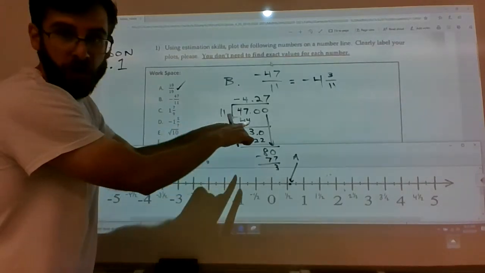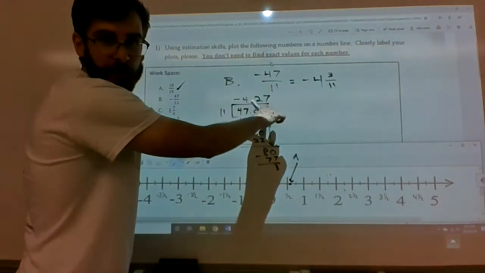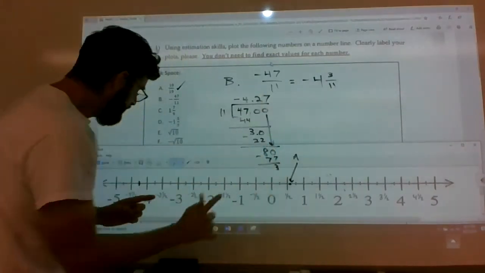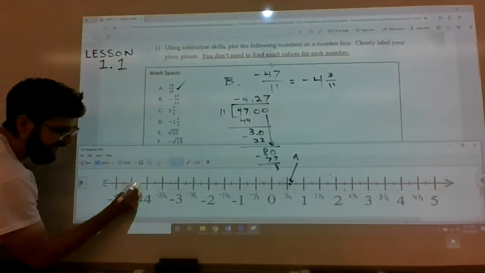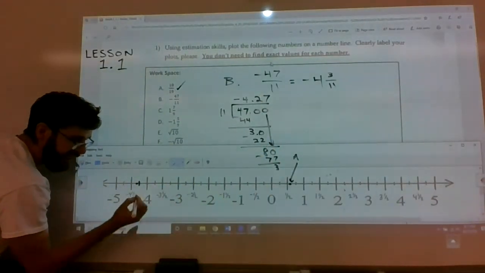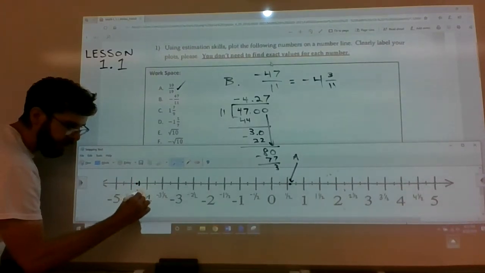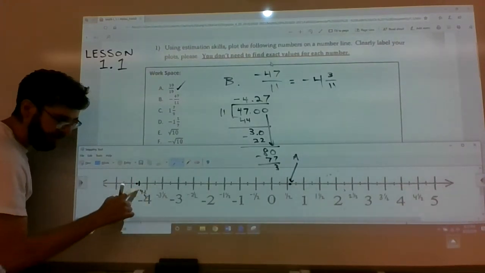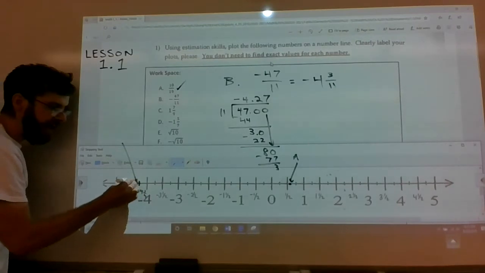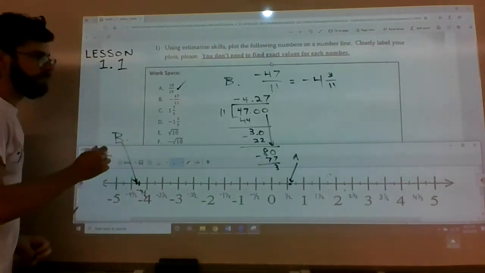This is negative 4 1/4 plus a little bit more. So that means I'm going left of negative 4 1/4 on the number line, and I'm labeling that my second one.